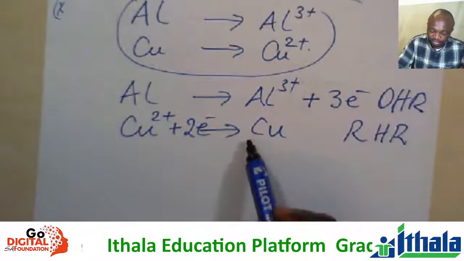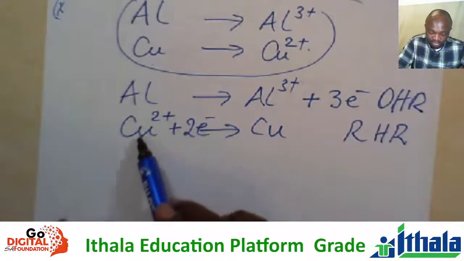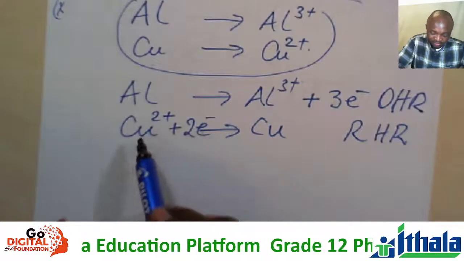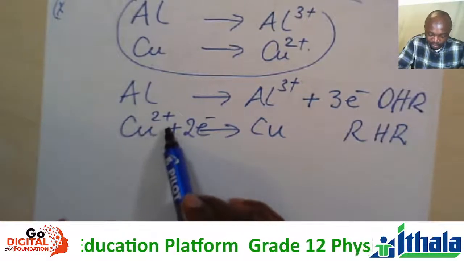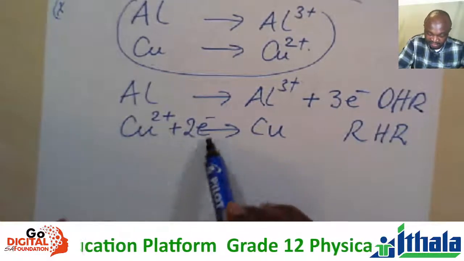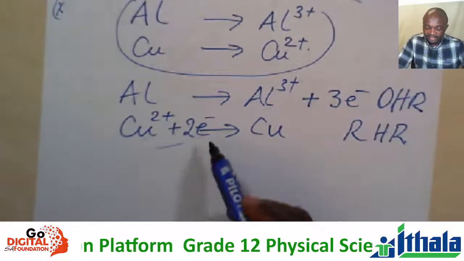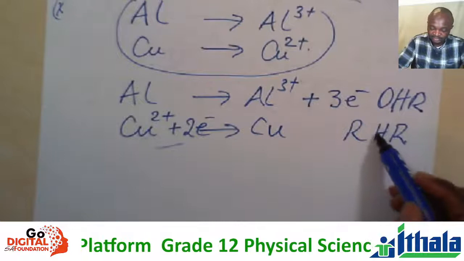The reduction half reaction you recognise by the electrons: the copper Cu2 plus gained electrons. When an element is written plus electrons, then that is gaining, which means that is a reduction. Then it's a reduction half reaction.